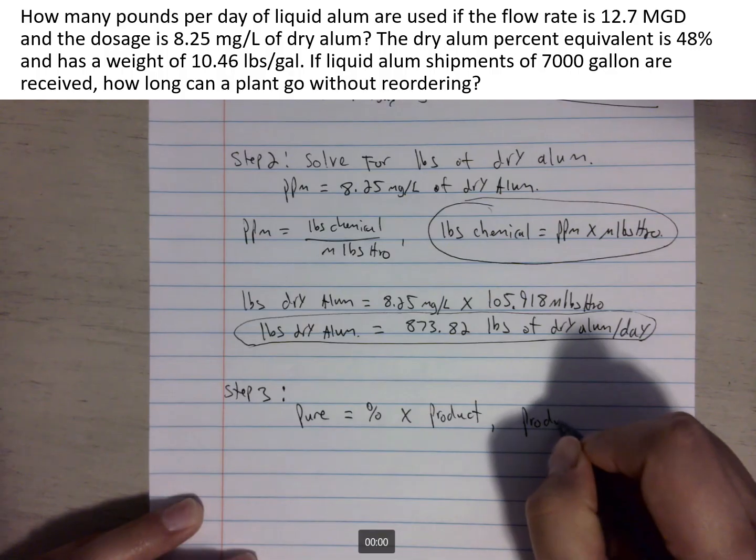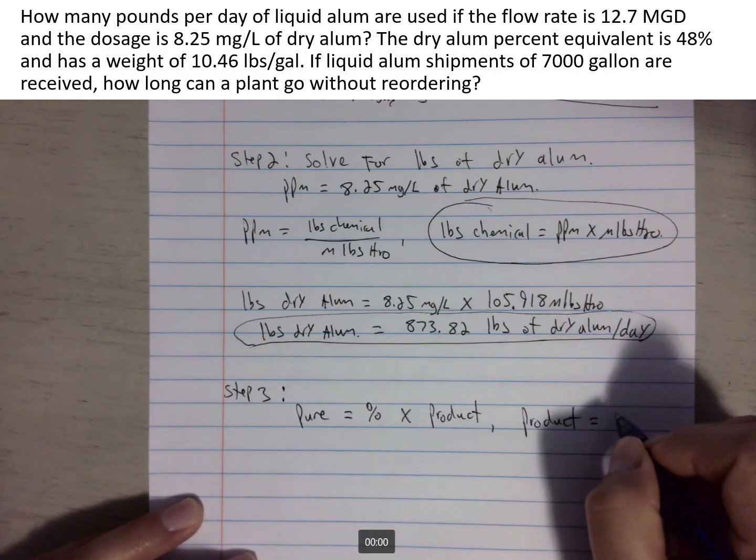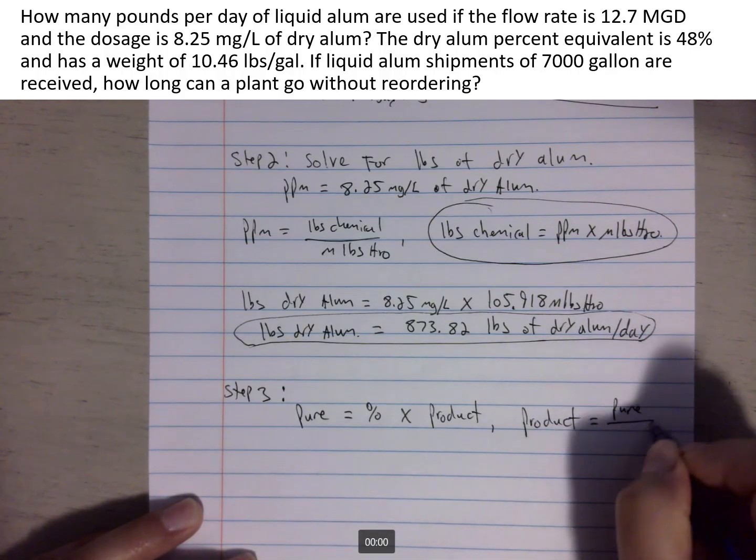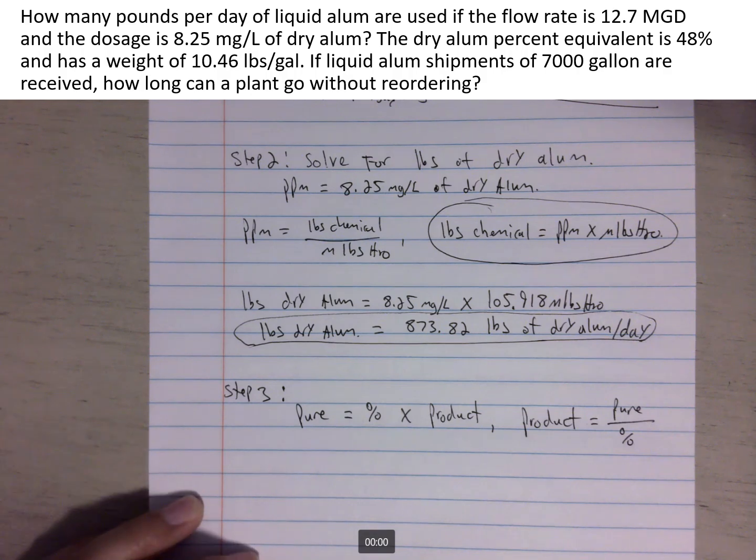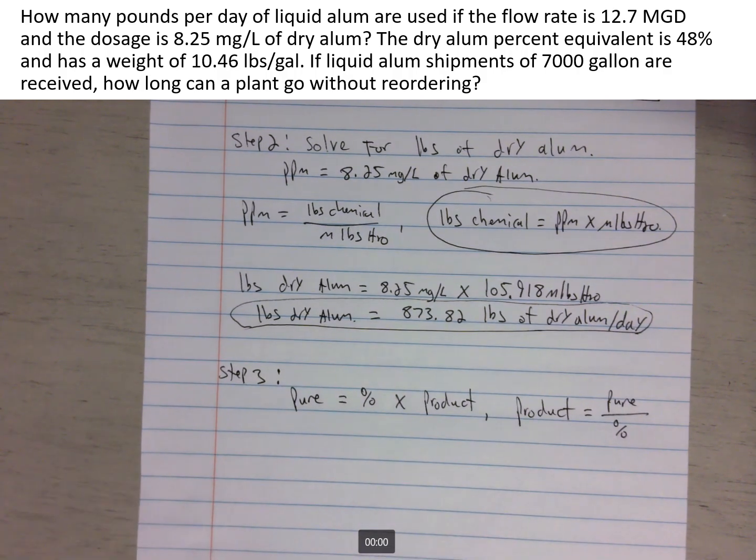And product is equal to your pure divided by your percent. This step is very important, not only with alum calculations, but also with fluoride calculations and chlorine calculations. You want to ask yourself, what is my pure and what is my product?